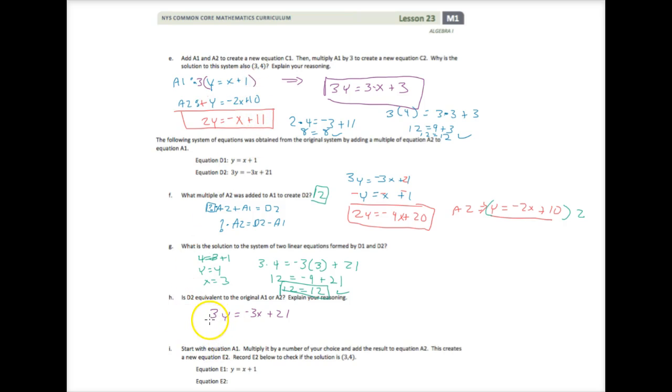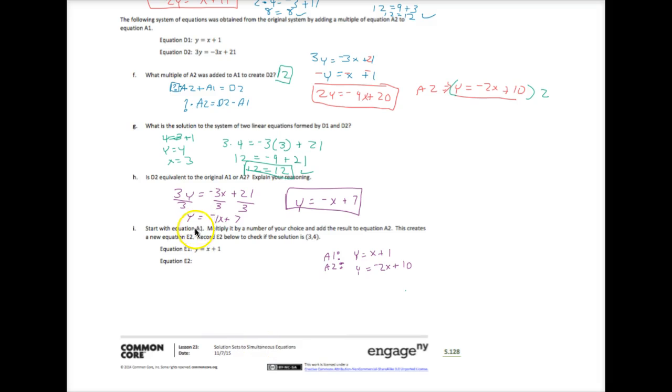So the easiest thing we can do here is just divide through by 3. If I divide everything by 3, I'm going to get y equals negative 1x plus 7. So y equals negative x plus 7. We have generated a whole another new equation that still has the same answer, but it's not got the same slope or the same y-intercept. So it's completely different from everything we've done, and yet it has the same solution.